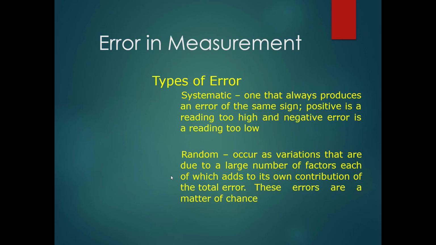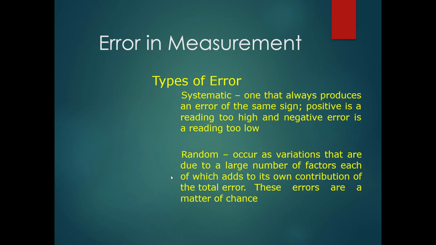How many types of errors are there? First one is systematic. Systematic error can be predictable. Systematic error can be of positive sign or it can be negative sign. Whenever the measurement is lower than the true value, then we call that there is a negative error.